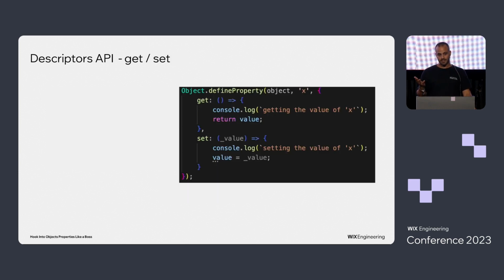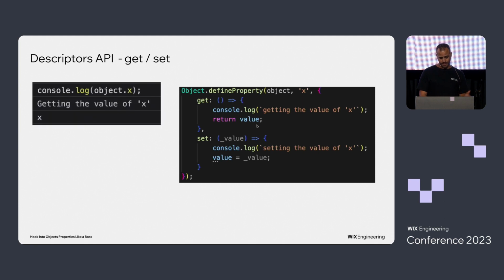About set and get. The difference between get and a value is that get allows me to run extra code if I want to calculate anything. So if I want to define a property, and I want to add some logic when some code tries to get it, I can do it like this.